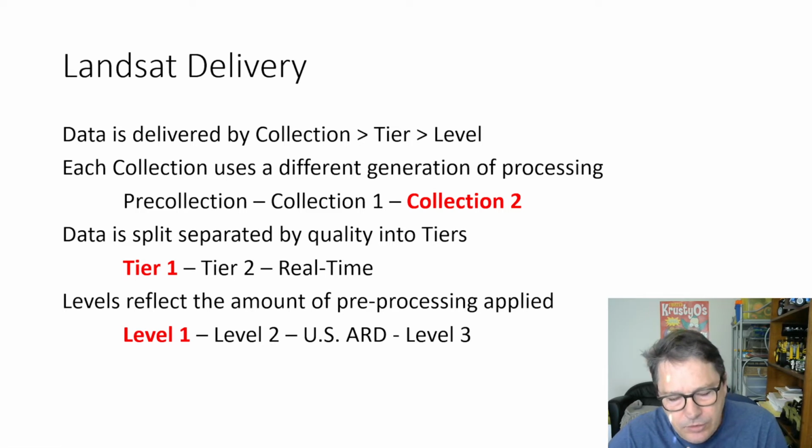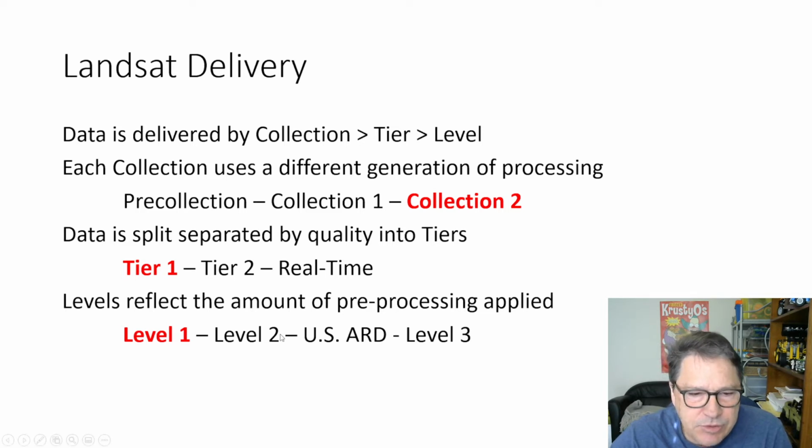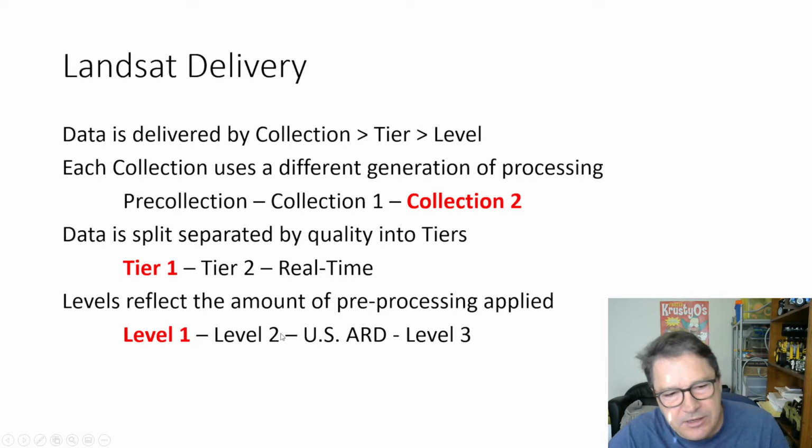So this is the data that you're probably going to want, ultimately. But just interesting to point out that when you download a scene, you don't get all of the data from the previous level automatically. So for example, level 1 has the panchromatic band in it, but level 2 doesn't. So if you want panchromatic sharpening, you need to download the level 1 data and the level 2 data.